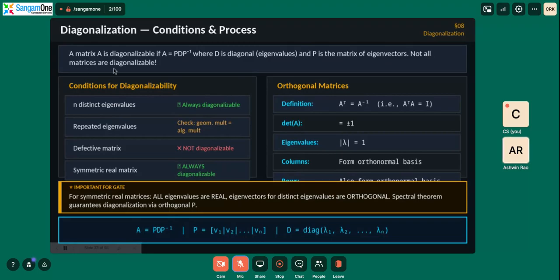Not all matrices are diagonalizable. With n distinct eigenvalues, it is always diagonalizable. Repeated eigenvalues and defective matrices are not diagonalizable. When there are repeated eigenvalues, check geometric multiplicity and algebraic multiplicity. This condition should be checked. A symmetric real matrix will always be diagonalizable.